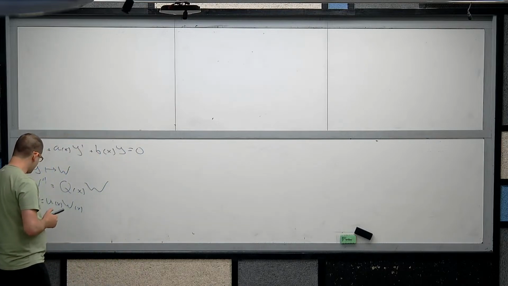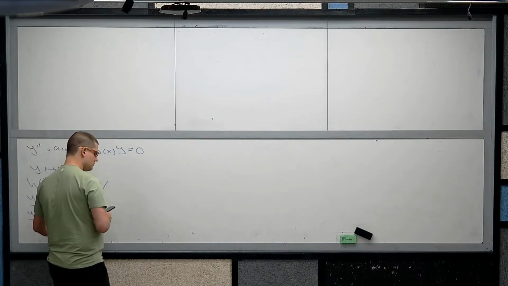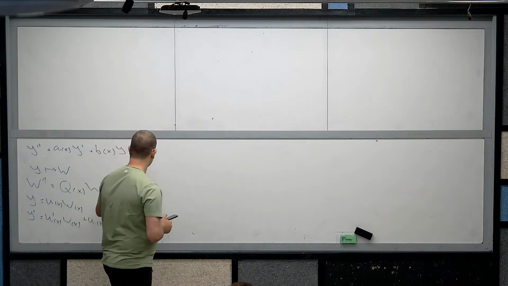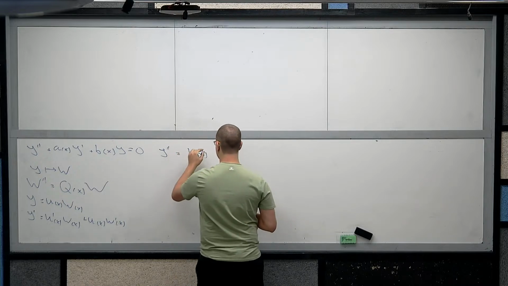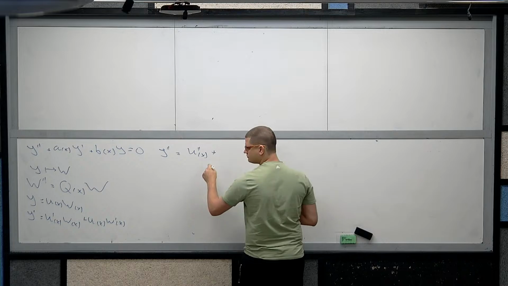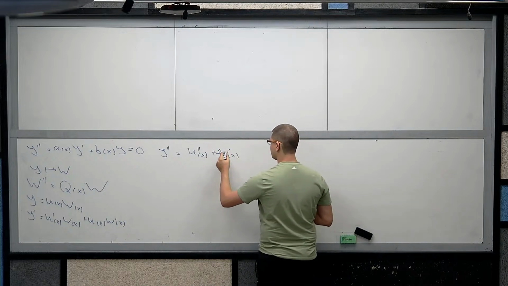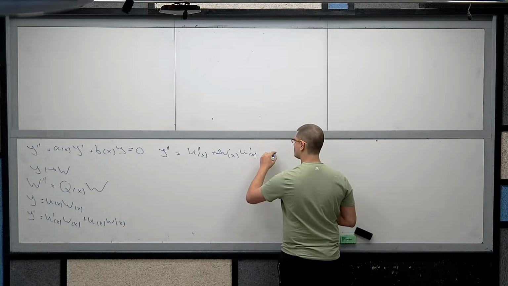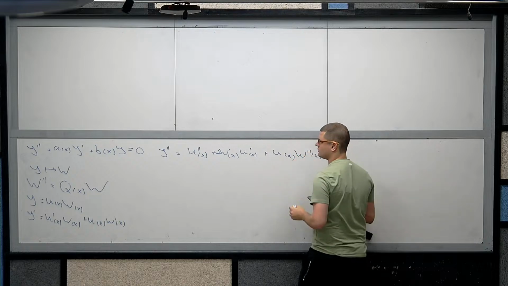So I will have the formula here. Now, second derivative, plus w of x, plus u of x.